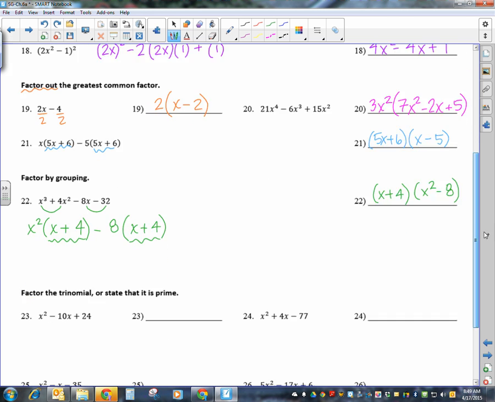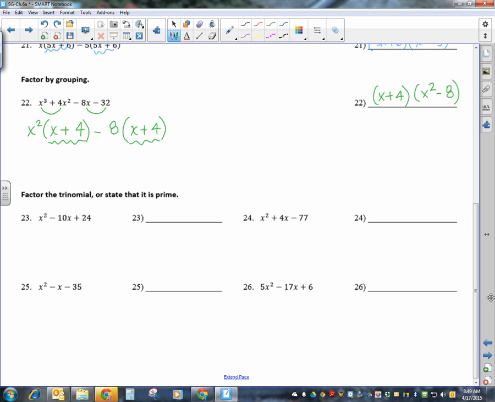Okay, now we're on to our trinomials. And this is the thing where we did a times c, and then we figured out what b was. So when I do this, we wrote a times c, and that is 1 times 24, which is 24. And then b was equal to negative 10.